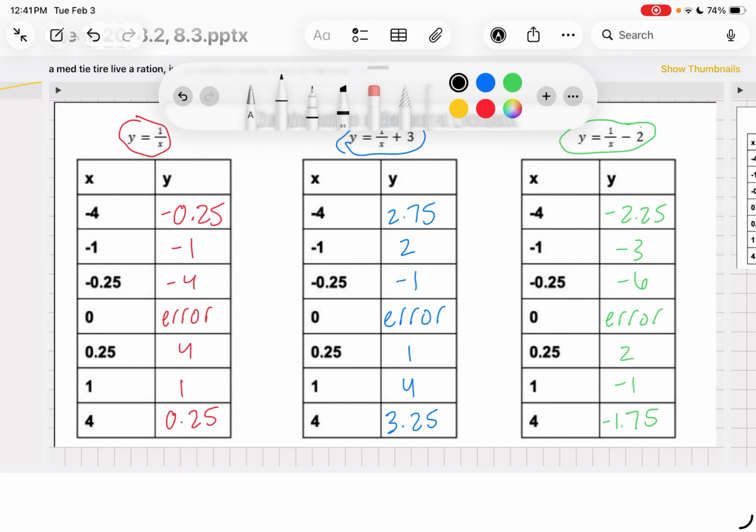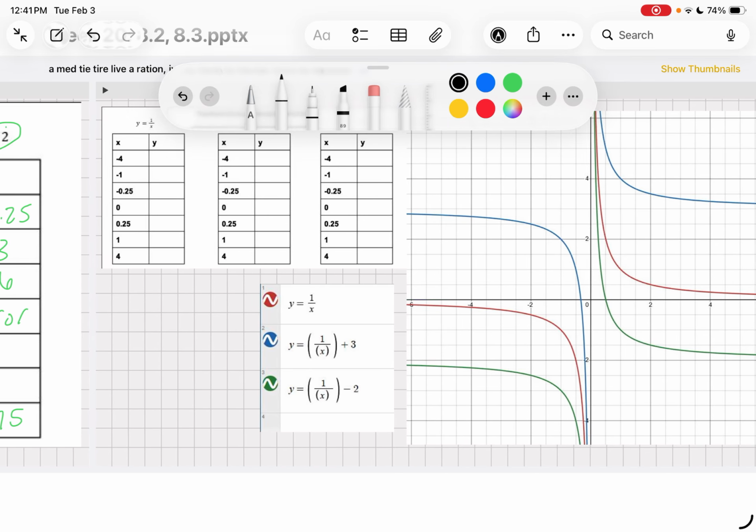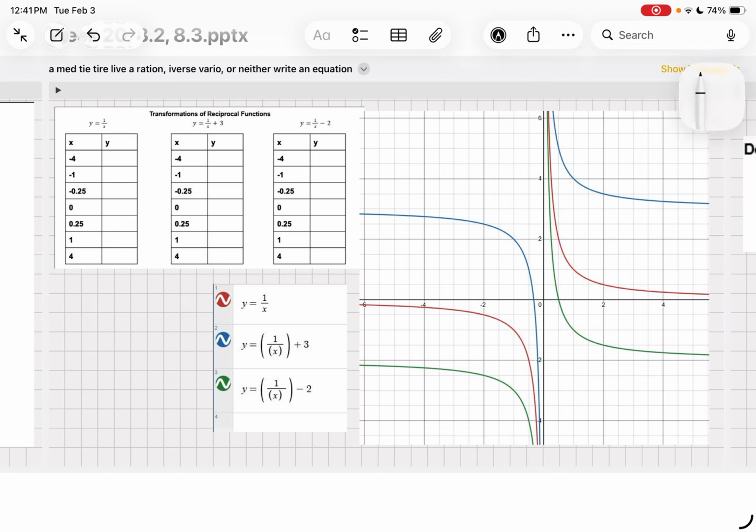So what we're going to do now is I've already graphed these. I want you to make sure that you graphed each of these correctly. If you look down here, this is the key. So that first graph is in red, my parent function. So look at your first graph, whatever color you chose.